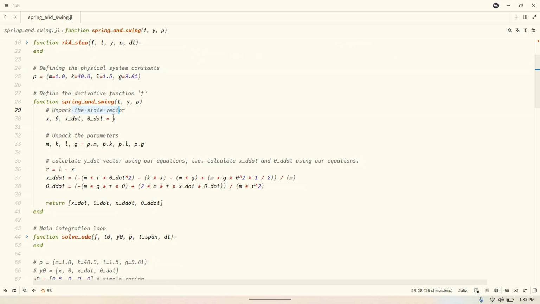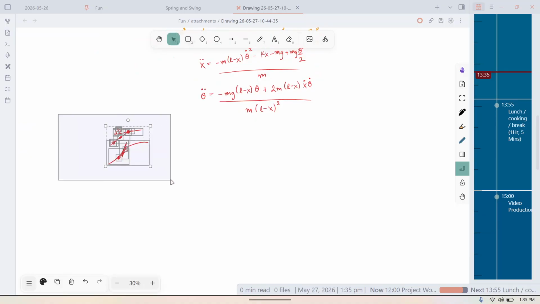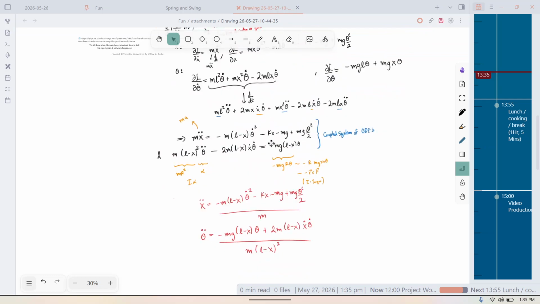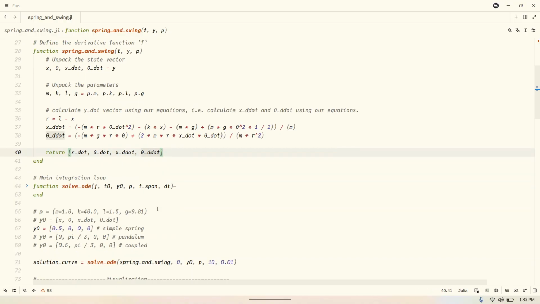Then you define your derivative function, again, using whatever we calculated here. You had x double dot and theta double dot, and you already have in y x dot and theta dot. So these two are all you need to calculate, and then you return your derivative vector.